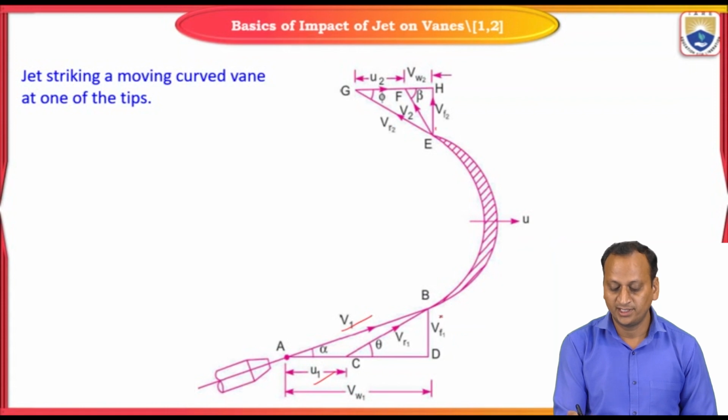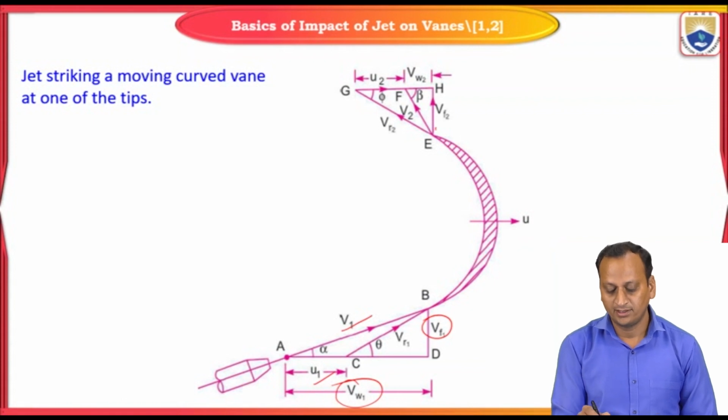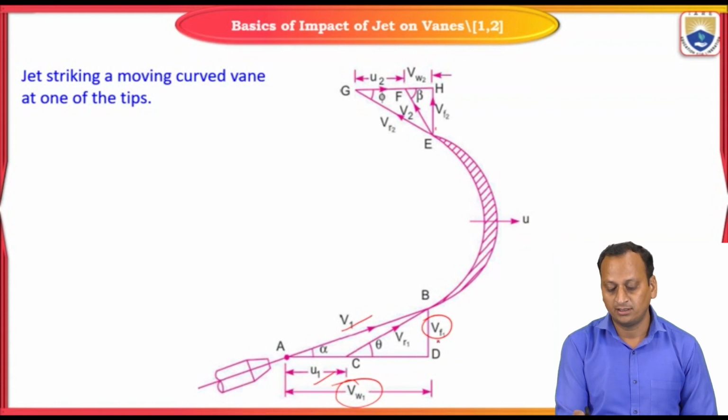The vertical component is known as flow velocity and the horizontal component is known as whirl velocity. The horizontal component is whirl velocity, which is responsible for developing the work done. The flow velocity is a perpendicular component.